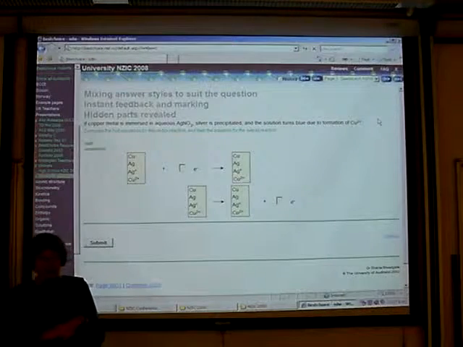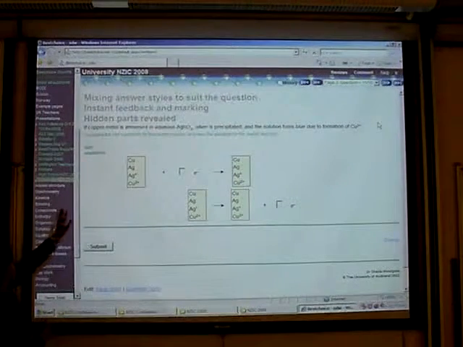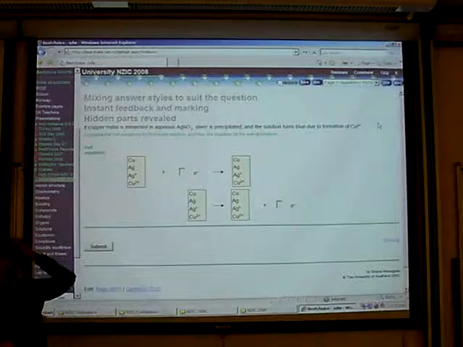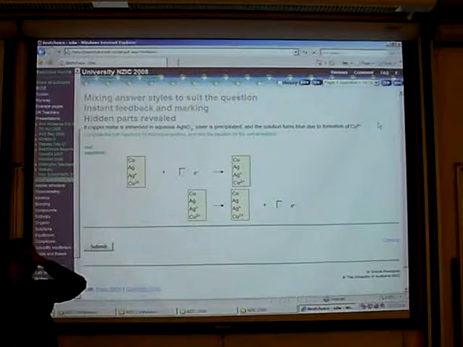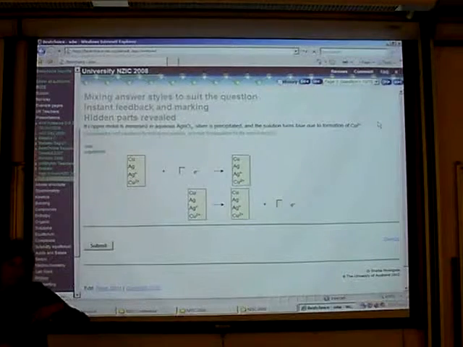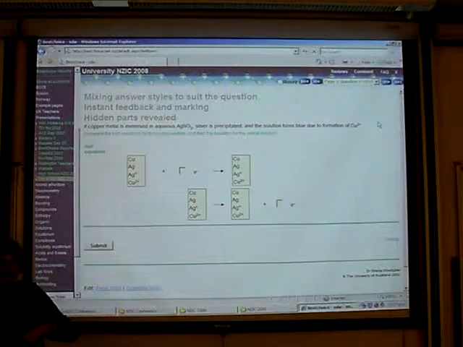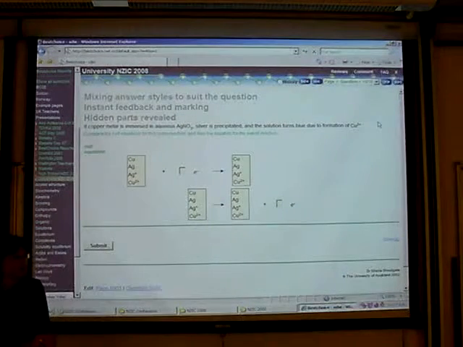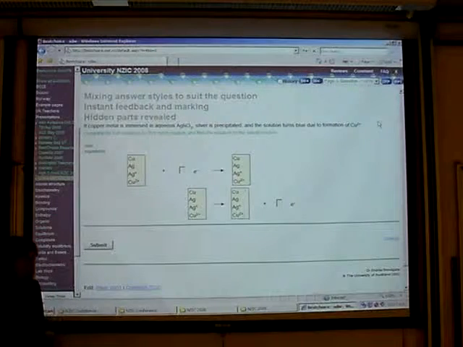We've got interactions so that you have a whole lot of different styles of putting in the answers, and those are designed basically so that you are not in a situation of the dog wagging the tail, so you can do it in a way that's pedagogically reasonable for your subject.